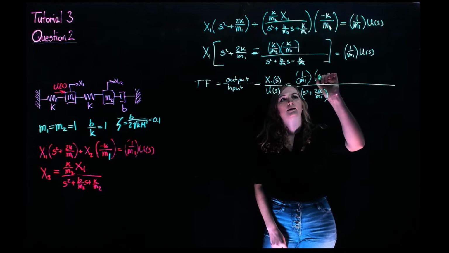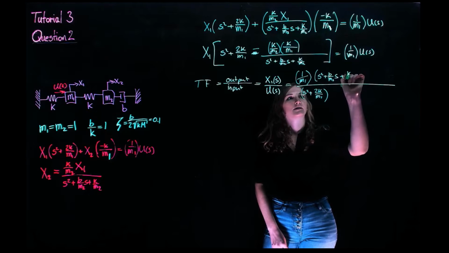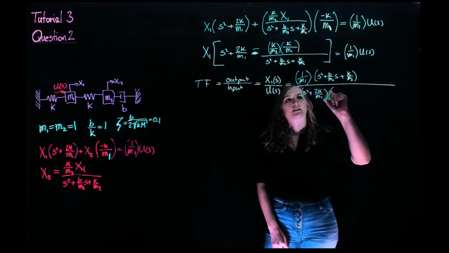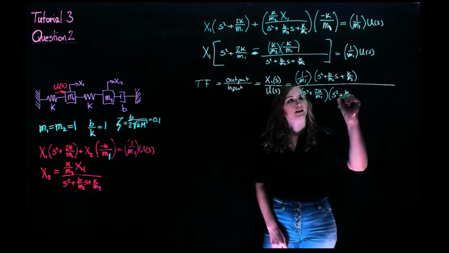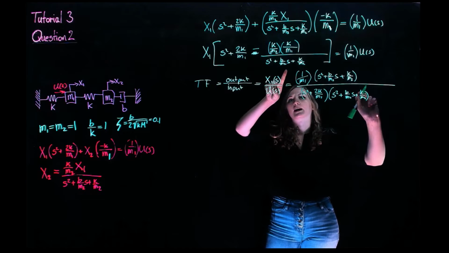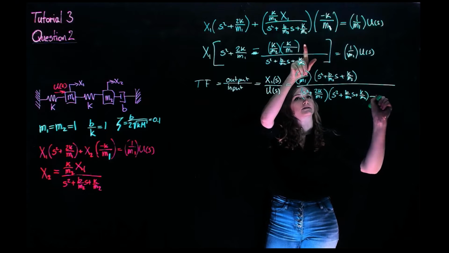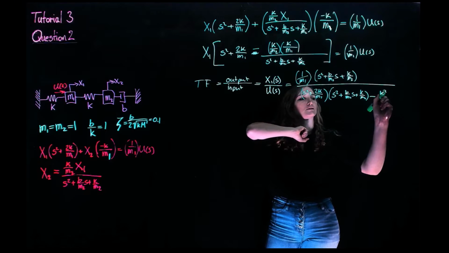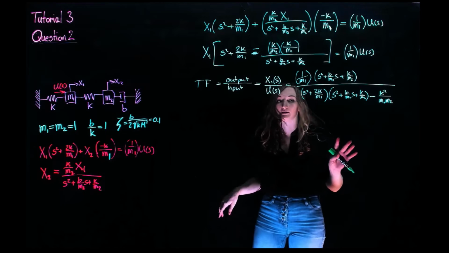So we get s squared plus b over m2 s plus k over m2, and here that'll be multiplied. So we get the same thing. And then we will just have minus k squared over m1 m2. So that is the analytical solution.